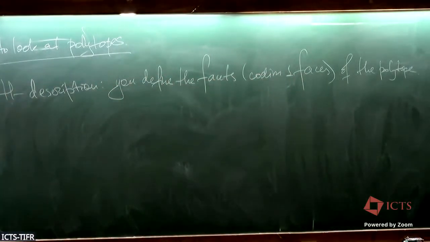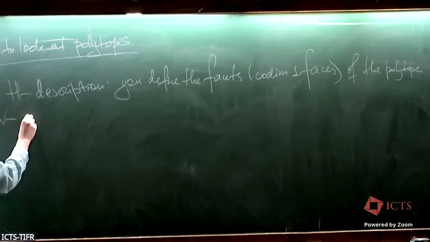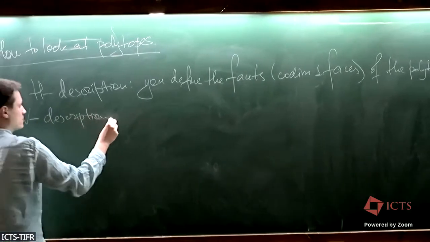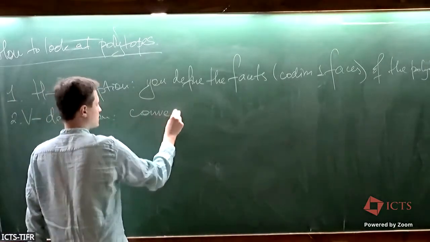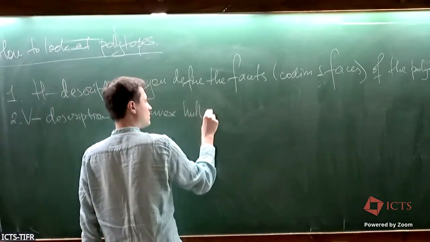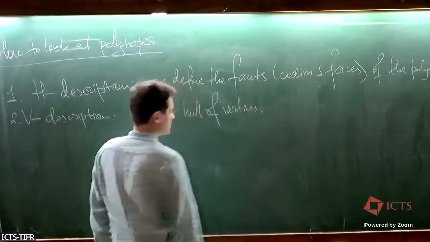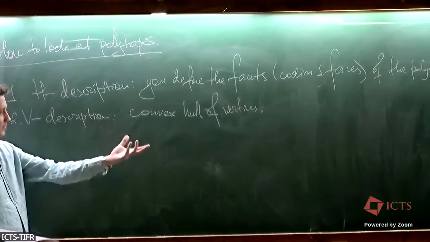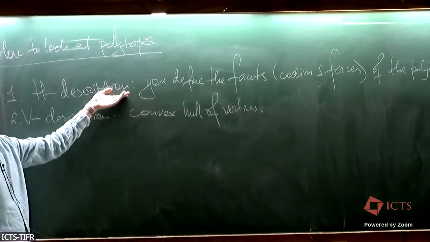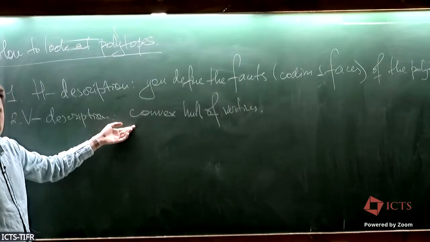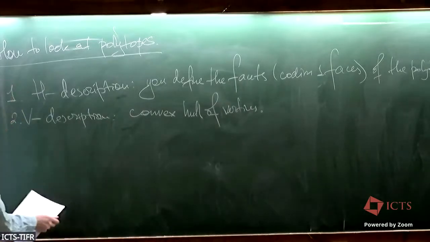H stands for hyperplane. Then there is the V description, that's the convex hull of vertices. And those two are very straightforward. You have your polytope, and you try to identify either its facets or its vertices, and those obviously define the polytope.